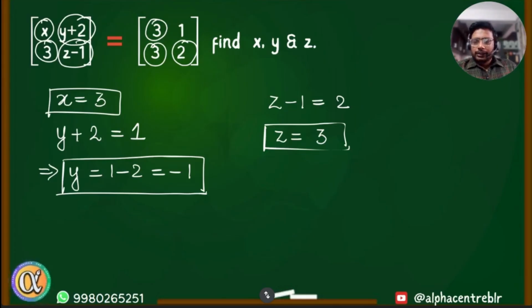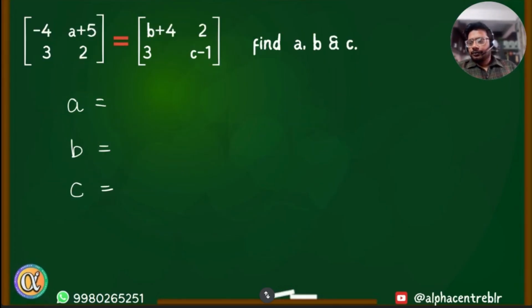What is A, B, and C? A is -3. B is -8. C is 3.